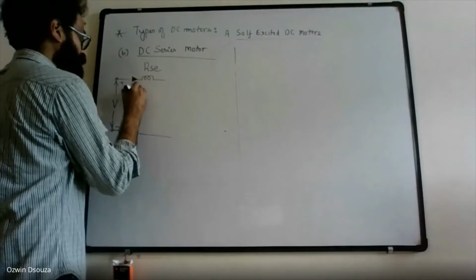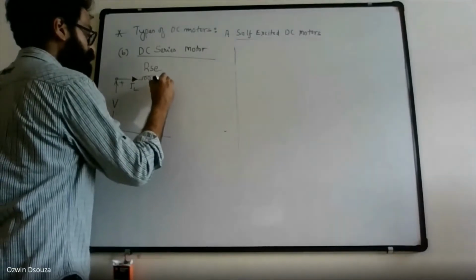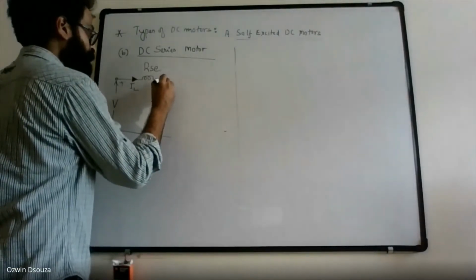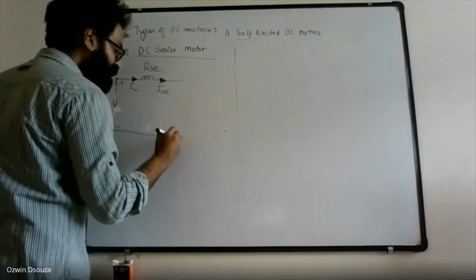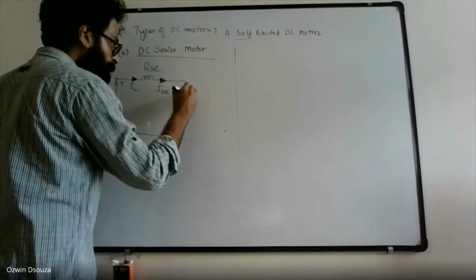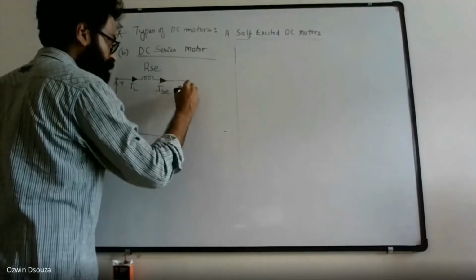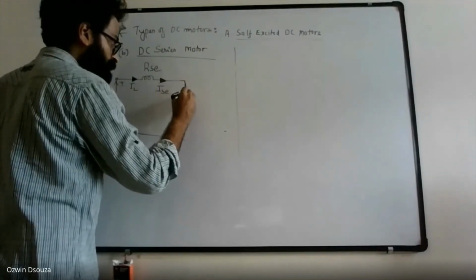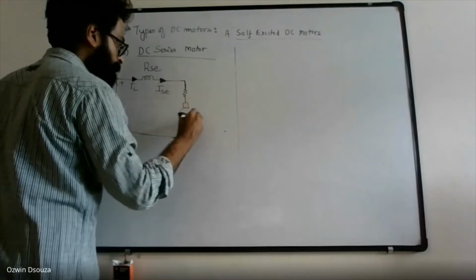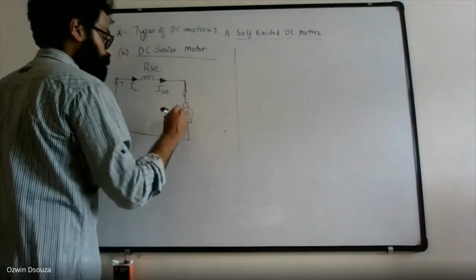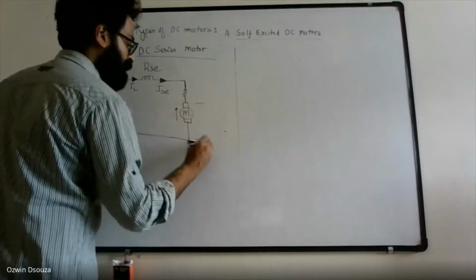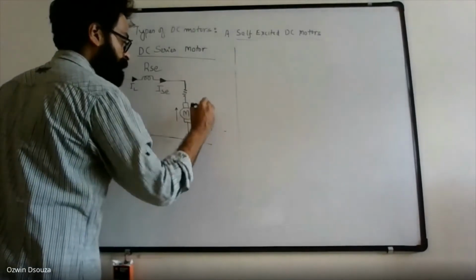line current IL, and the current through the series field winding, let's call it ISC, and that is then connected to the armature, right? So let us draw the armature resistance as well. Armature. This is the back EMF, EB.